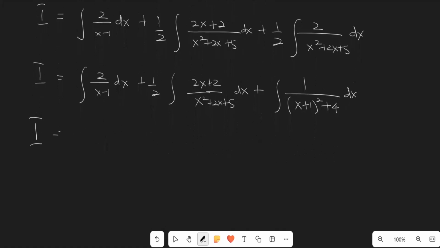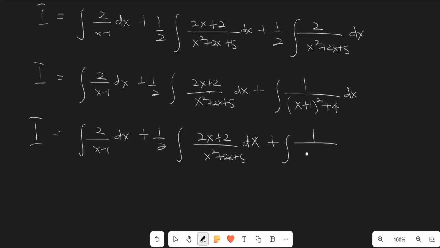So I is going to be the integral of 2 over x minus 1 dx plus 1 half the integral of 2x plus 2 all over x squared plus 2x plus 5 dx plus the integral of 1 all over x plus 1 squared plus 2 squared dx, where 4 is written as 2 squared.